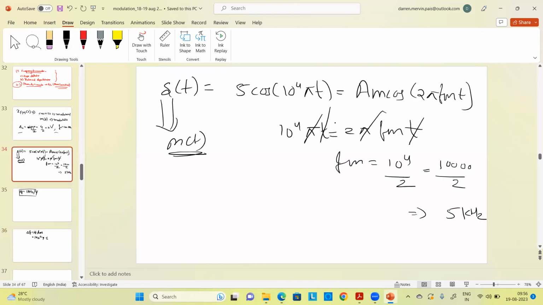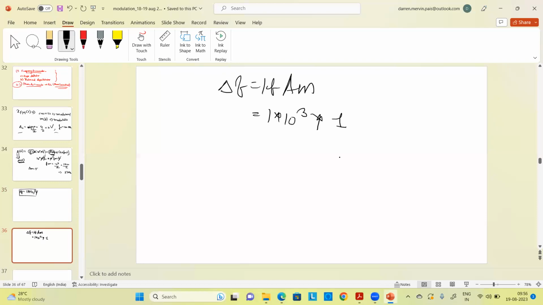Is it 1 or is it 5? It is 5, so it is 5 kilohertz. Any doubts in this, Jerry?